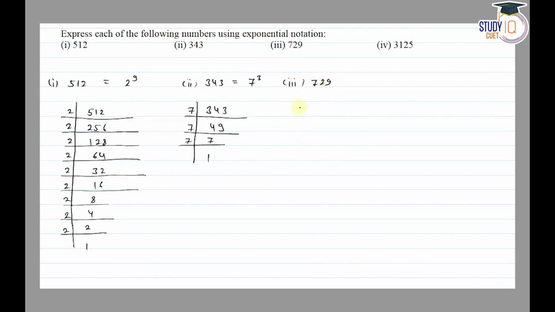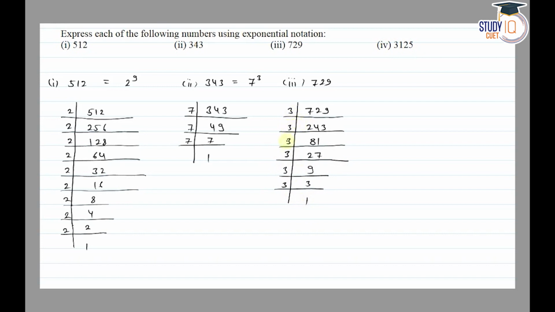थर्ड 729. उसके फैक्टर फाइंड आउट कर लेंगे. 3 2s are 6, 3 4s are 12, and 3 3s are 9. 3 8s are 24, 3 1s are 3, 3 2s are 6, 3 7s are 21, 3 9s are 27, 3 3s are 9, and 3 1s are 3.